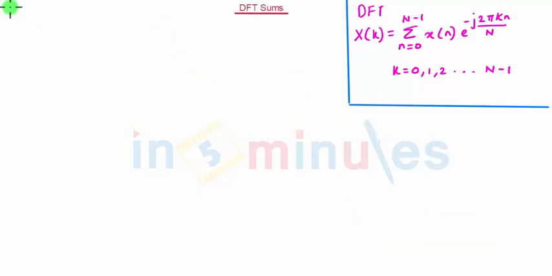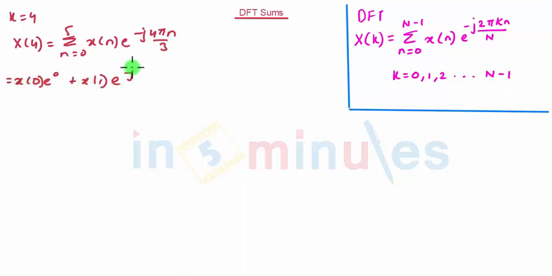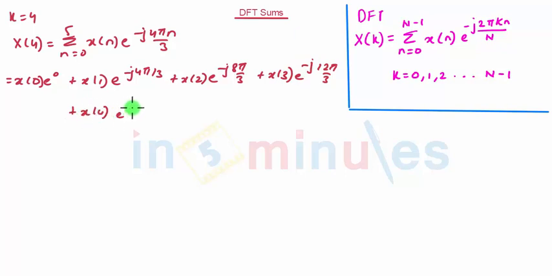For k is equal to 4, X of 4 is equal to summation n is equal to 0 to 5 x of n e raised to minus j 4 pi n by 3. Again we will expand this term: x of 0 e raised to 0 plus x of 1 e raised to minus j 4 pi by 3 plus x of 2 e raised to minus j 8 pi by 3 plus x of 3 e raised to minus j 12 pi by 3 plus x of 4 e raised to minus j 16 pi by 3 plus x of 5 e raised to minus j 20 pi by 3.